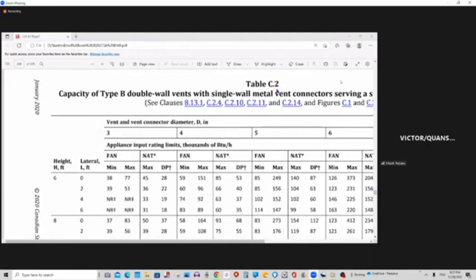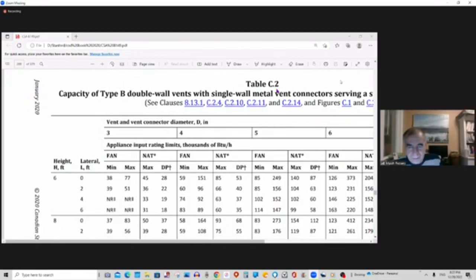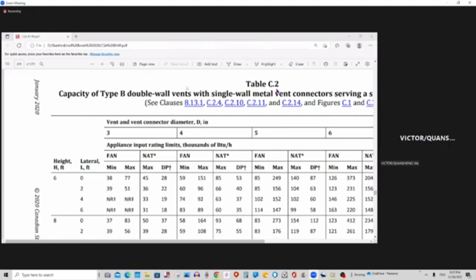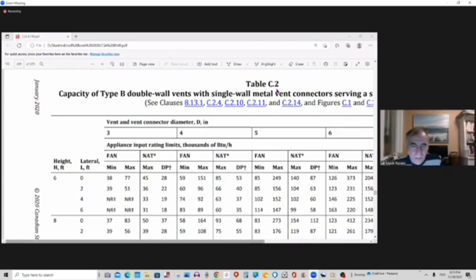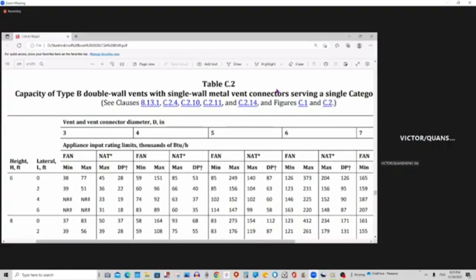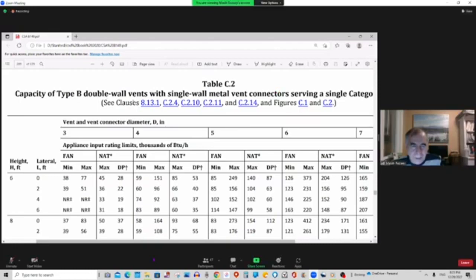Would you read the top part? Okay, table C2. Type B double wall vents with single wall metal connectors serving a single category 1 appliance. Okay, see, sir. First of all, type B double wall vent, single appliance and single wall metal connector.